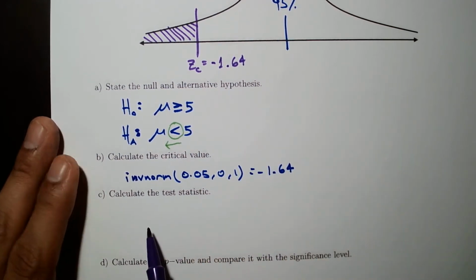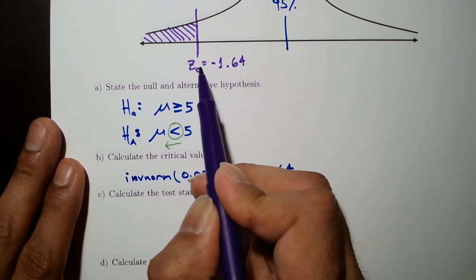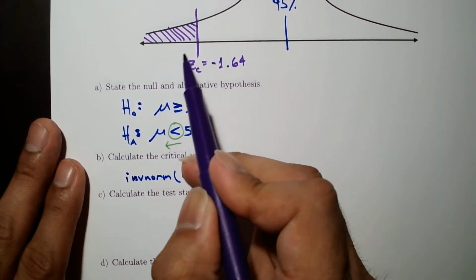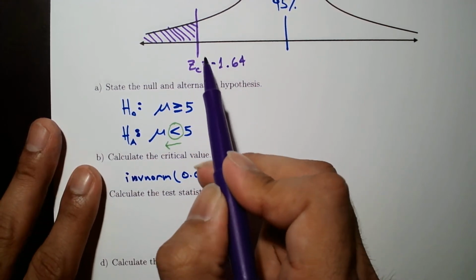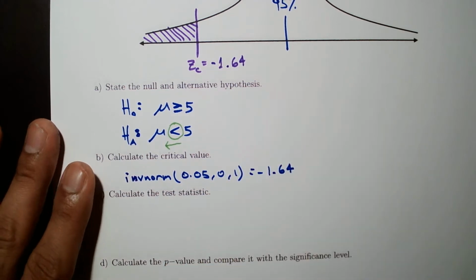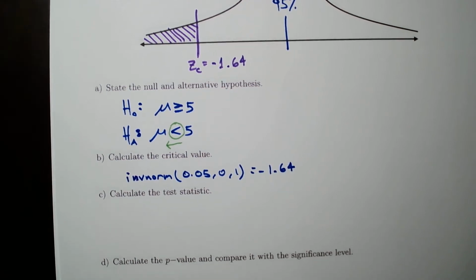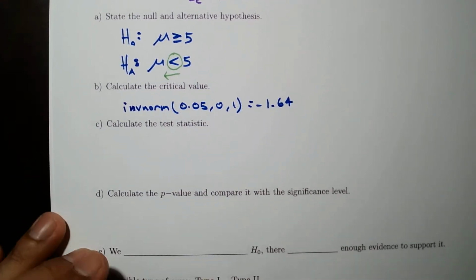Otherwise, if our test statistic is a number that is less, a lot less, or just slightly less than this cutoff value stated by the critical value, negative 1.64, then we have enough evidence to support our claim in accordance to our data.